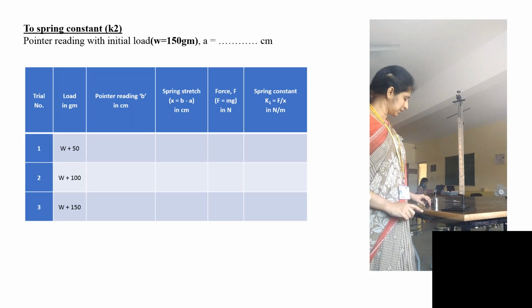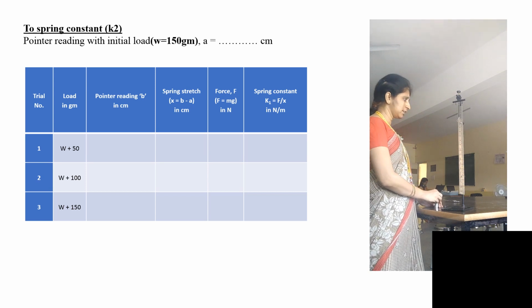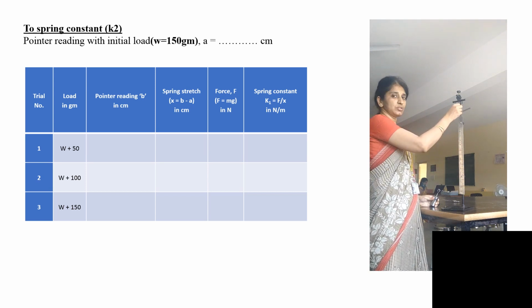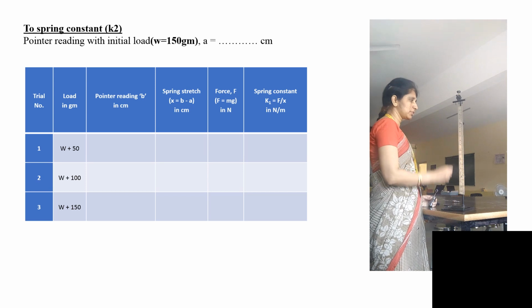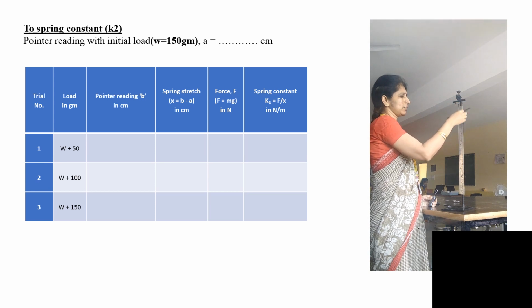Okay, let us repeat the experiment for spring number 2. So let me take another spring. Let me remove this first spring and put spring number 2. In this case, the material is the same. So repeat the experiment as we have done for the first spring.